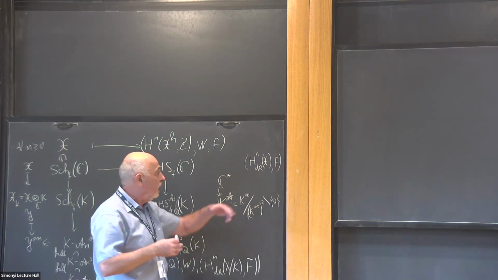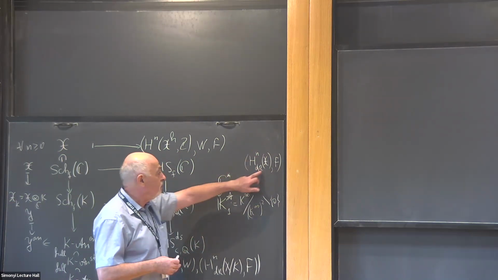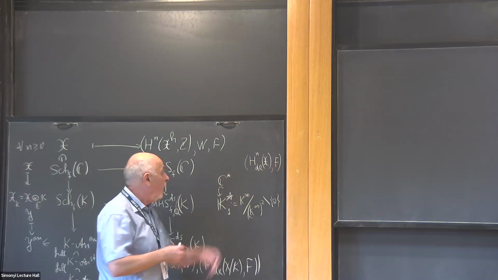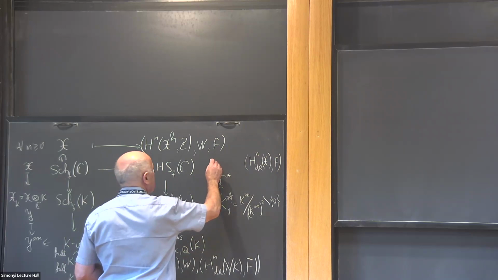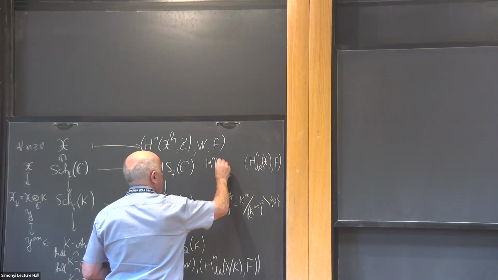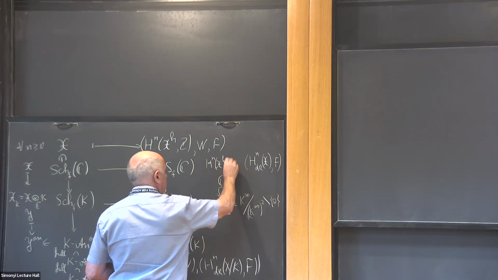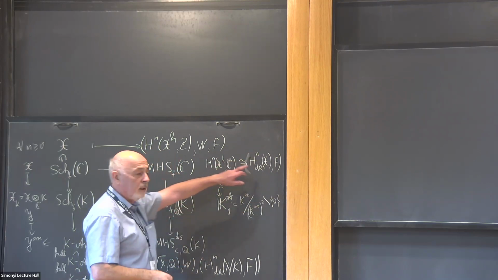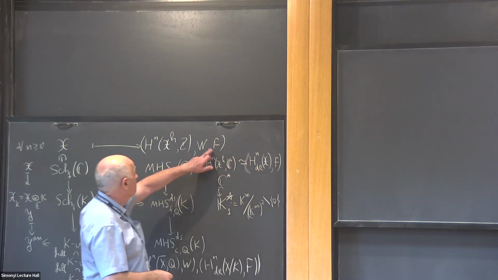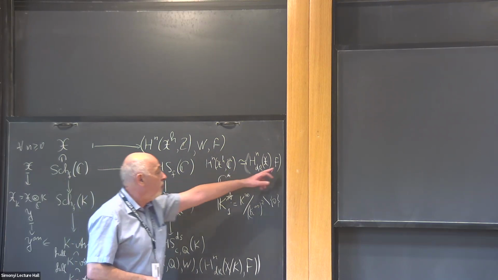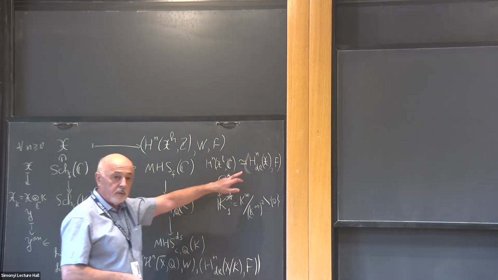But in general, one should define smartly this group for non-smooth spaces, and there is the de Rham isomorphism theorem, which is important here, that this group is isomorphic. There is a canonical isomorphism. And so the filtration F on the complex cohomology group comes from the filtration F on the de Rham cohomology groups.